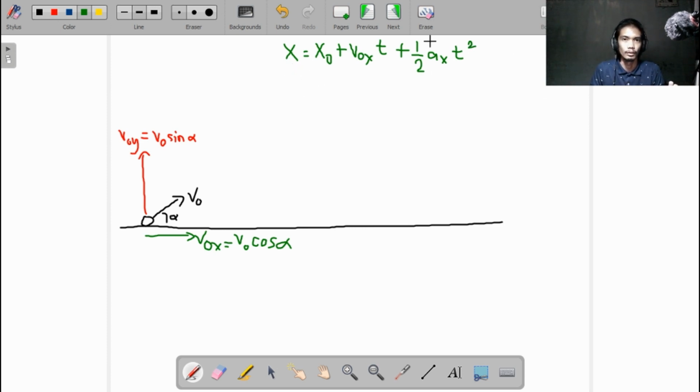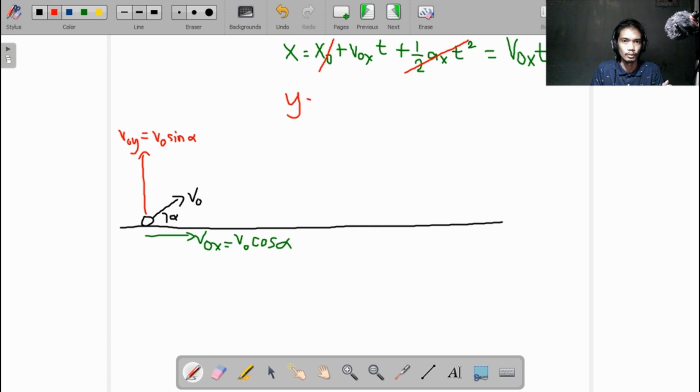Okay, and then since we assume that the object starts at 0, this cancels out, and the acceleration in the x component, as we all know in physics, is also 0, so this term cancels out. So we are now left with x is equal to v0x times t. That's all.